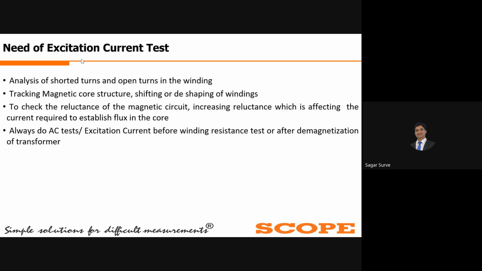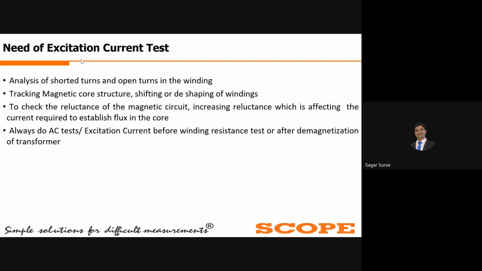Next is the excitation current test. Why are we going to conduct the excitation current test? Its need is the analysis of shorted turns and open turns in the winding. If there is any open turn or short circuit of the turns, we will see changes in the excitation current.